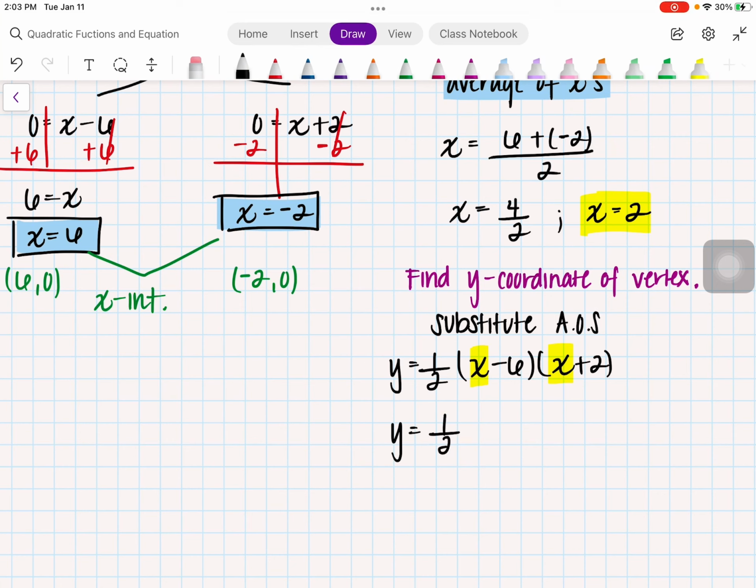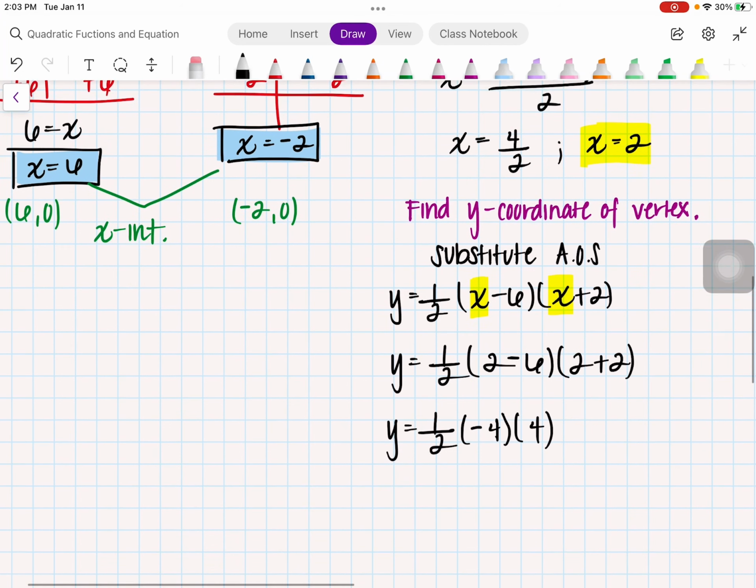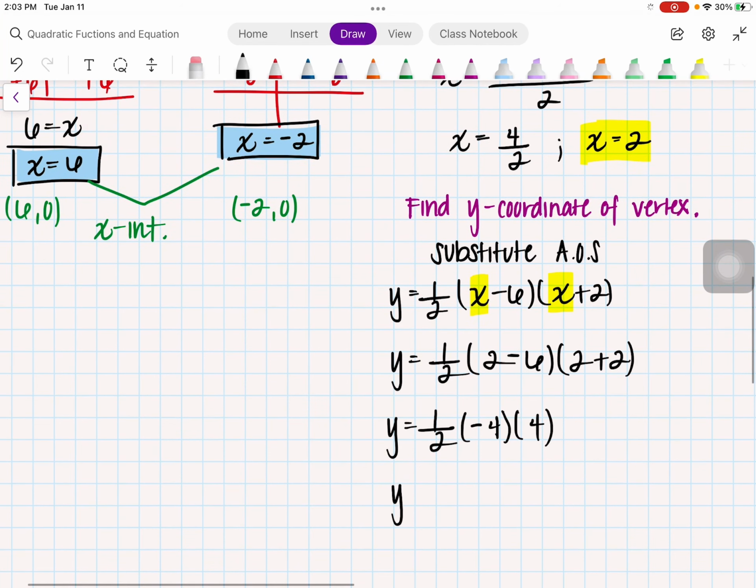I have y equals 1/2 times 2 minus 6 times 2 plus 2. All right, so this is y equals 1/2. 2 minus 6 is -4. And then 2 plus 2 is 4.